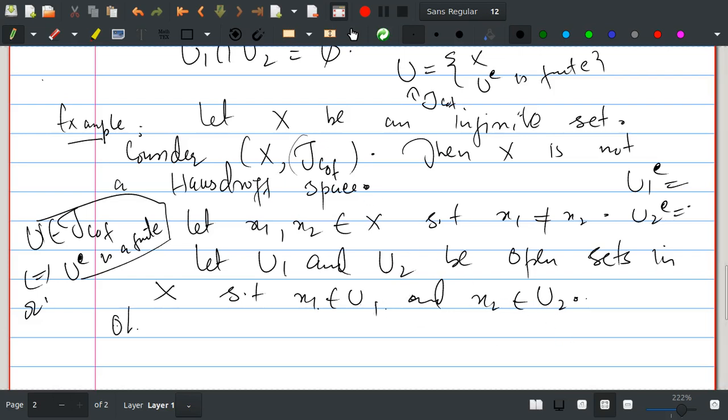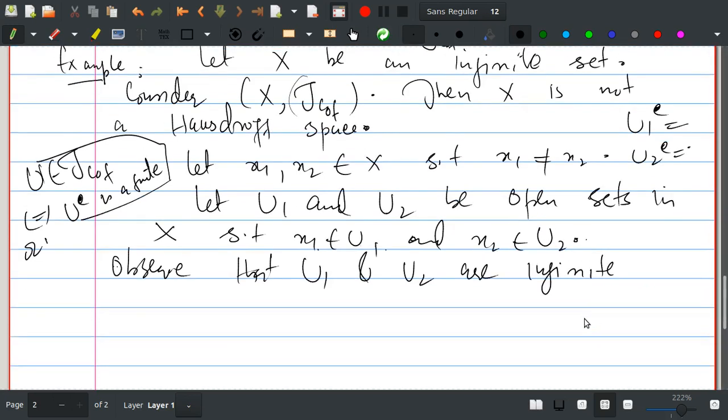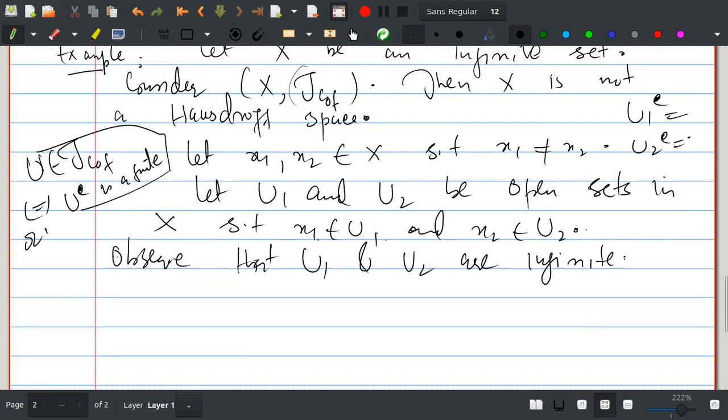So U1 and U2 being in this topology means their complements are finite. In other words, U1 and U2 will be infinite, observe that U1 and U2 are infinite since they are non-empty. So we claim that U1 intersection U2 is empty. So this is our claim.